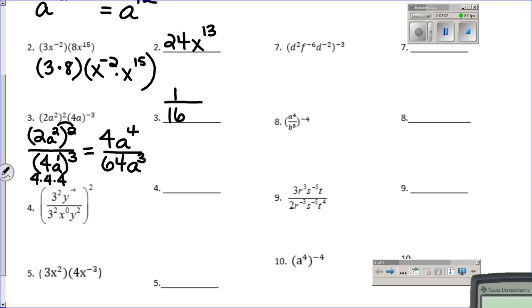Our rule for the exponents is when we divide the same variable base, we subtract our exponents. So you're going to say 4 minus 3, so we get a to the +1. When you have a coefficient of 1 or an exponent of 1, those are understood. So you may see this answer simplified all the way to just a over 16. On your test, we would accept either answer.